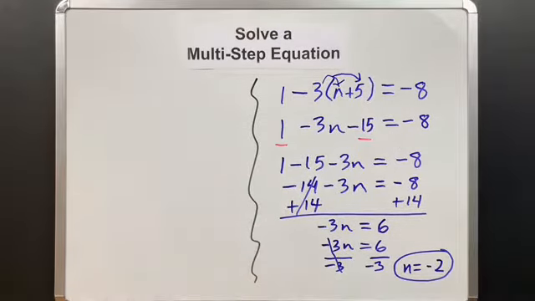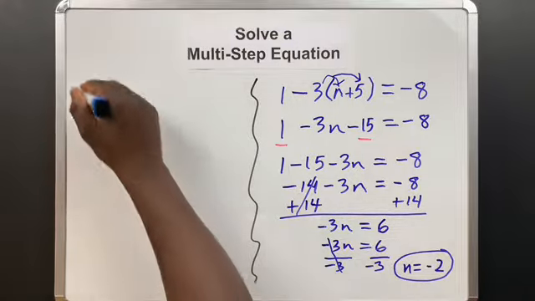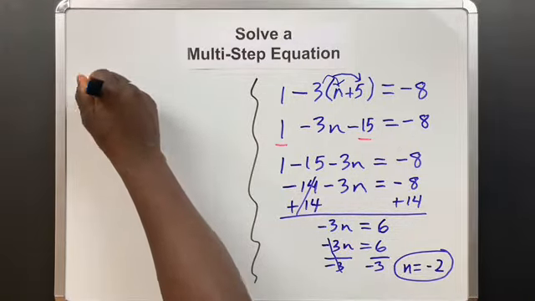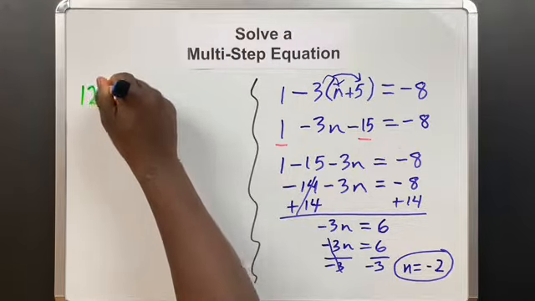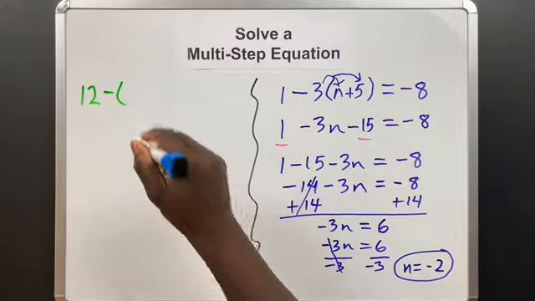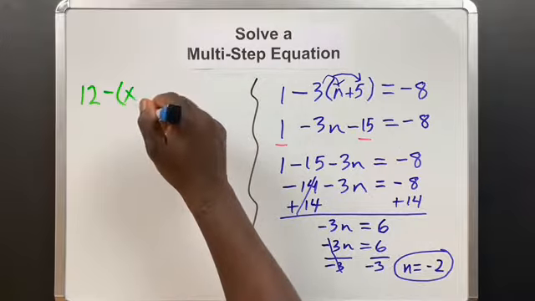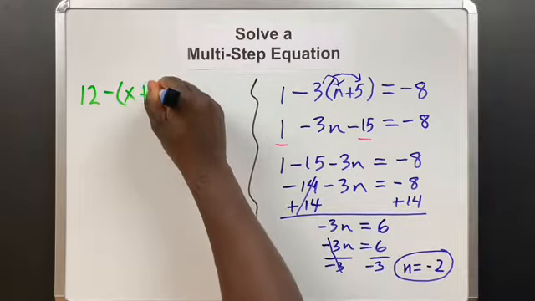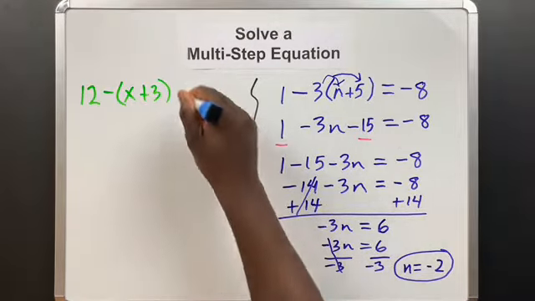All right, nice and clean. So let's get this last equation copied. We have 12 minus the quantity of x plus 3 equals 10.